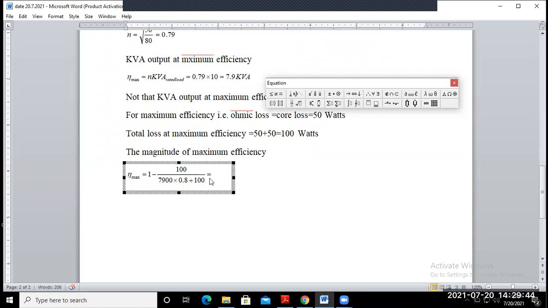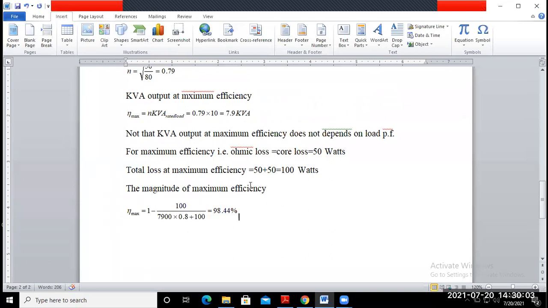So maximum efficiency equals 98.44%. So this is your maximum efficiency.